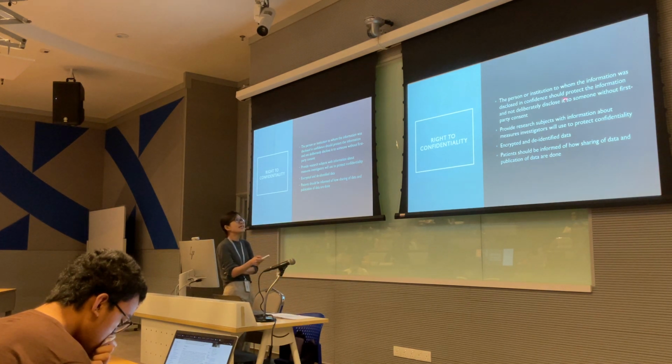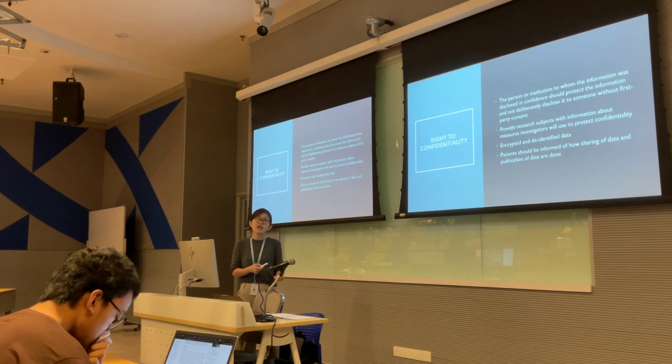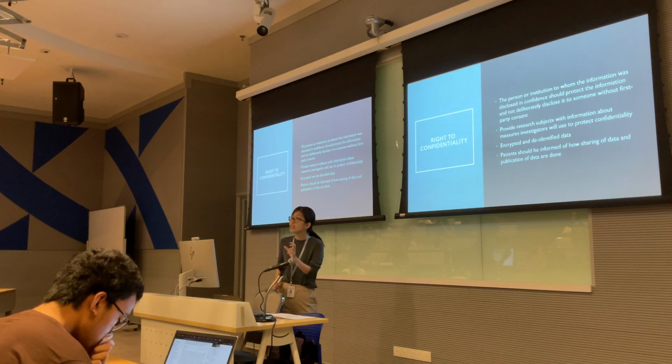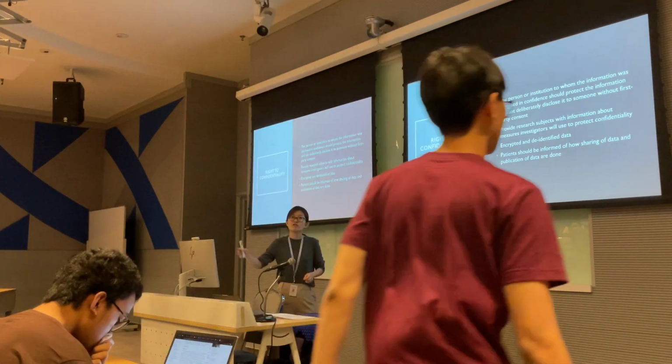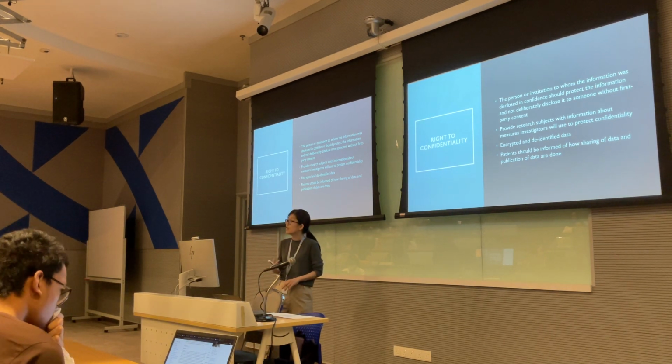So do not simply disclose to another party, and provide the research subject with information on how you are going to protect it. Usually the data will be encrypted. Encrypted means you are storing the information with a certain password or keyword, so it is not easily accessed by the public. You will lock the folder, you will lock the file with a keyword.